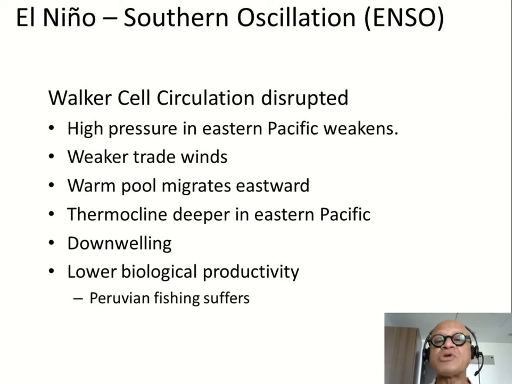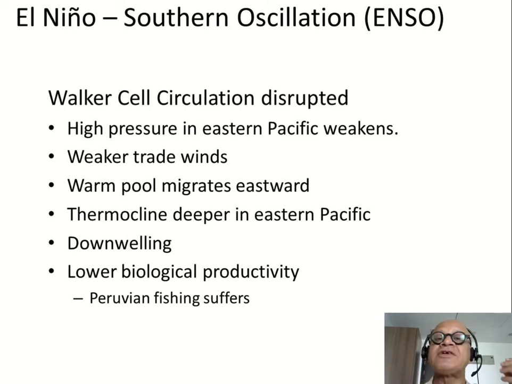Yes. So high pressure in the eastern Pacific weakens. Exactly why, we don't always know. So the trade winds also become weaker. The warm pool then is not held against New Guinea and Indonesia anymore by the trade winds pushing the water west. So it begins to kind of slosh back towards the east.